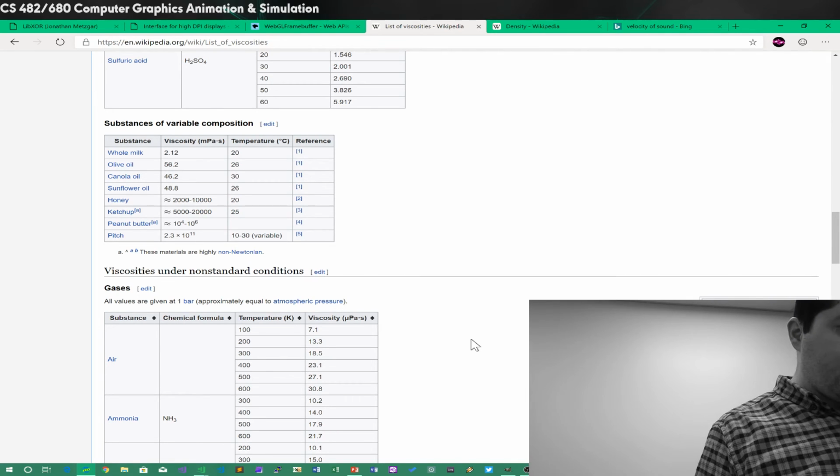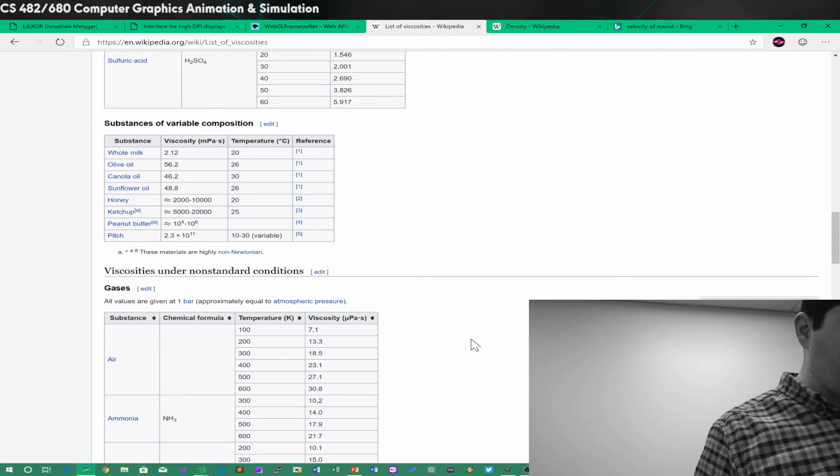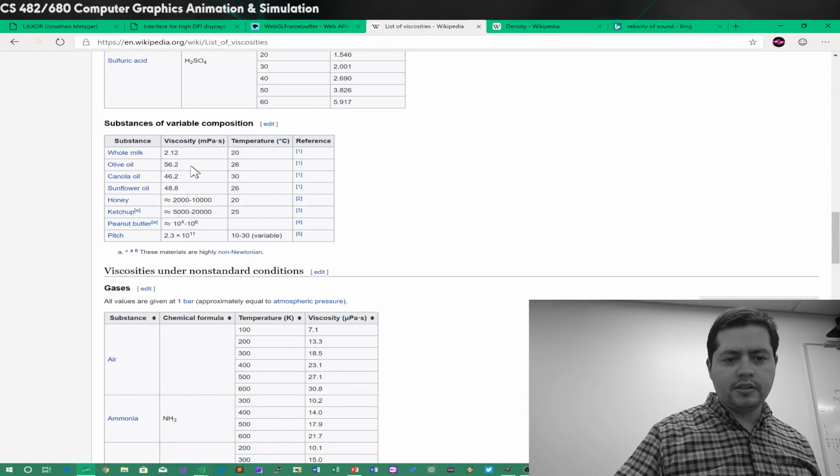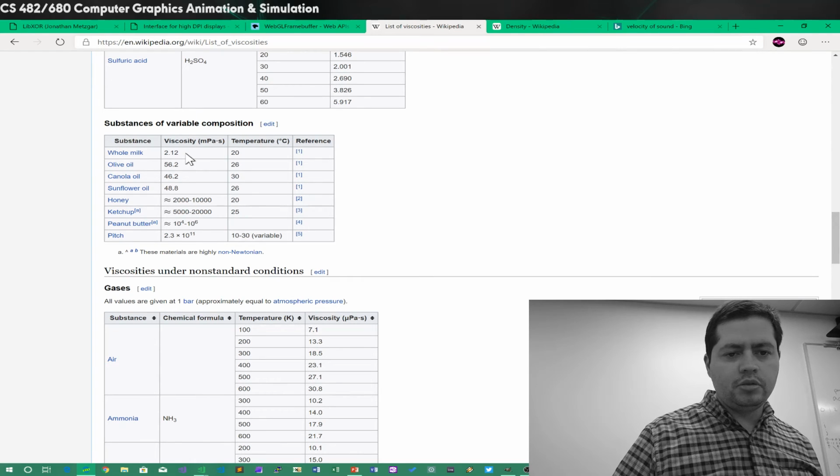The kinematic viscosity of water is 1/1000th of its dynamic viscosity. Oh, okay. So if we take the dynamic viscosity and divide that by its density, then we can get K. So realistic values, what do you think are realistic values over here? So this is viscosity, 2.12 millipascals per second.